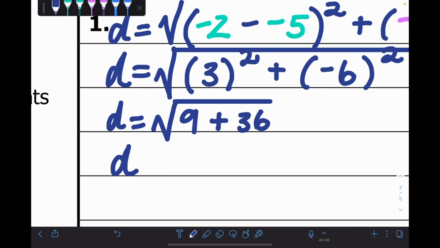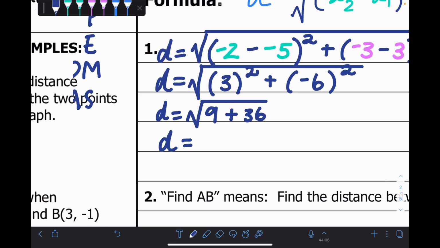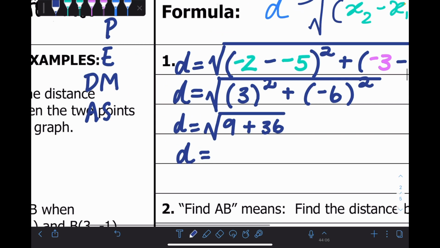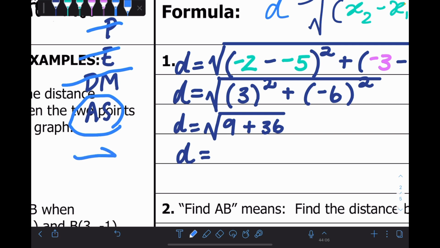Nearly done, aren't we? Now we need to do this part here. Division, multiplication, well, there's none here, so scrap that. We've done parentheses, we've done our exponents, and now we're on addition, subtraction from left to right.